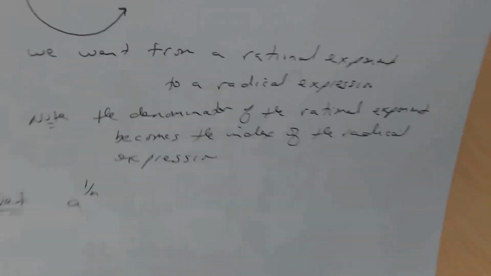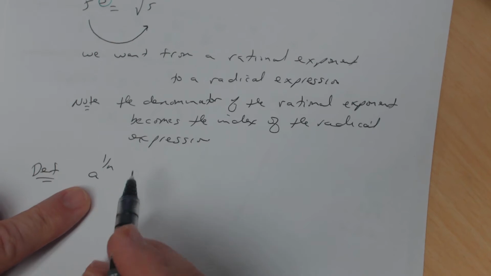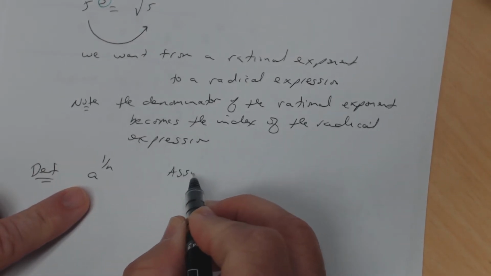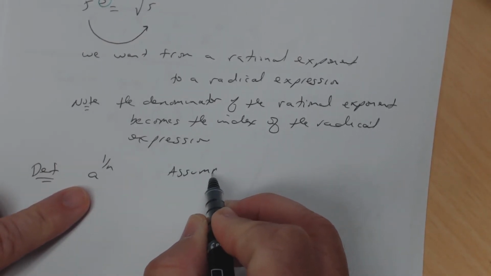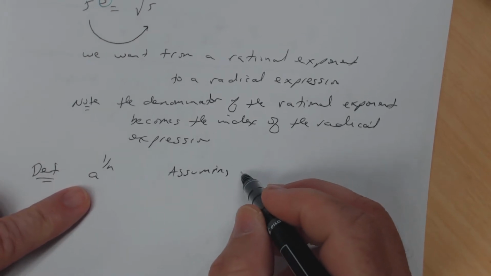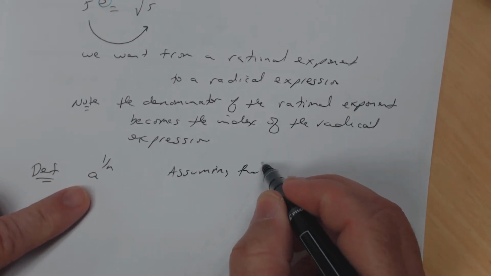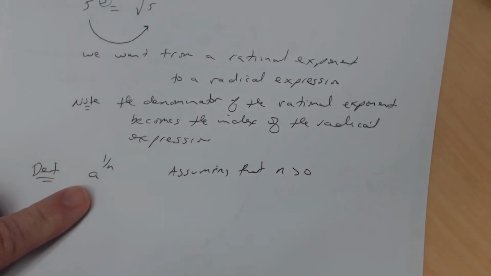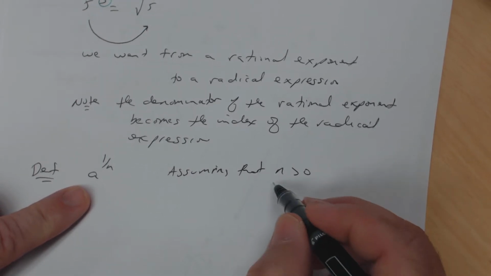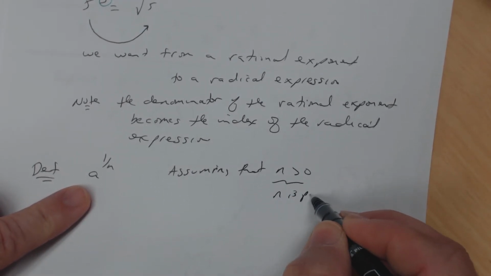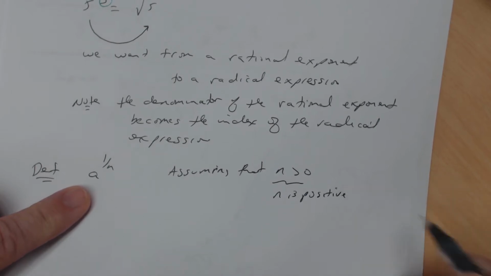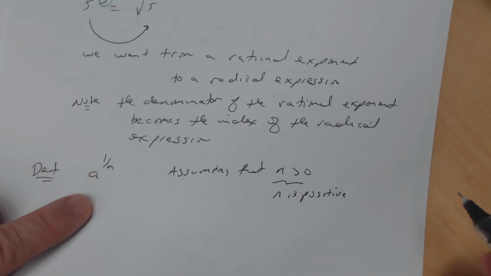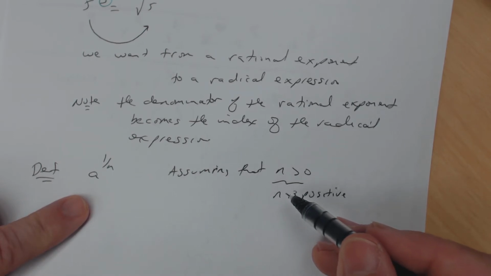So the definition of 1 over n, we're assuming that n is positive. In the next section, we're going to talk about what happens if we have a negative exponent, but this is only dealing with n positive.